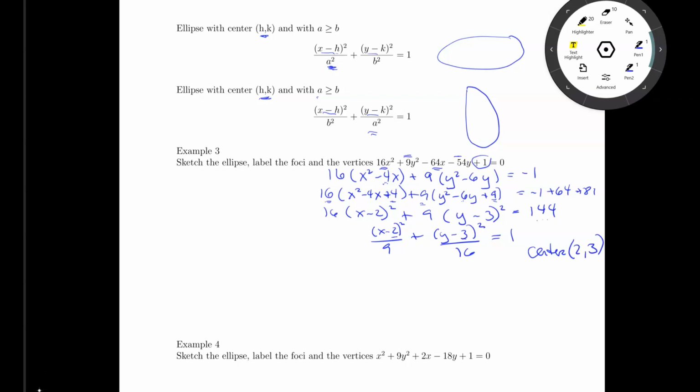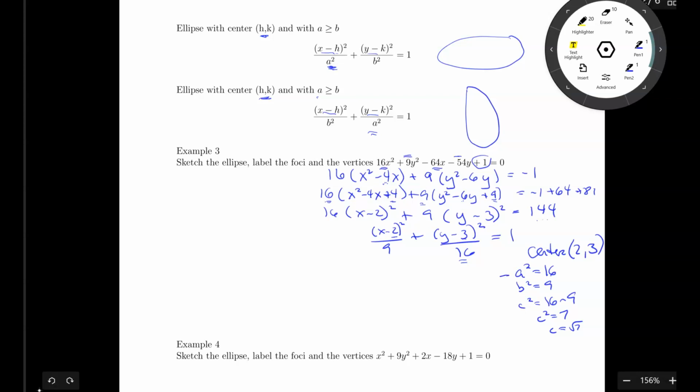My a squared is under the y value, so a squared is 16 and b squared is 9. So I can figure out what c squared is: 16 minus 9 gives me 7, so c is equal to root 7. Okay, let's start getting a little bit of a picture.